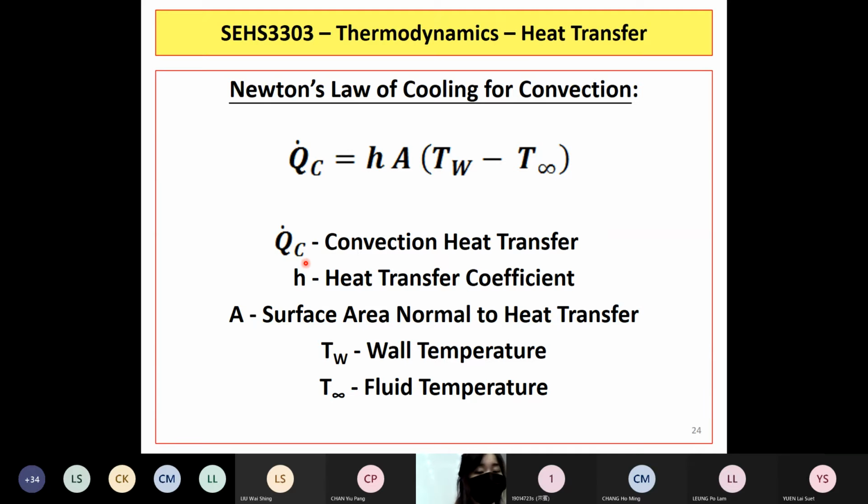But here, we use H as a constant to solve simple problems. In the next lecture, I will introduce how we find the real heat transfer coefficient. But at this point, you should keep in mind, H is not a property of material, okay?